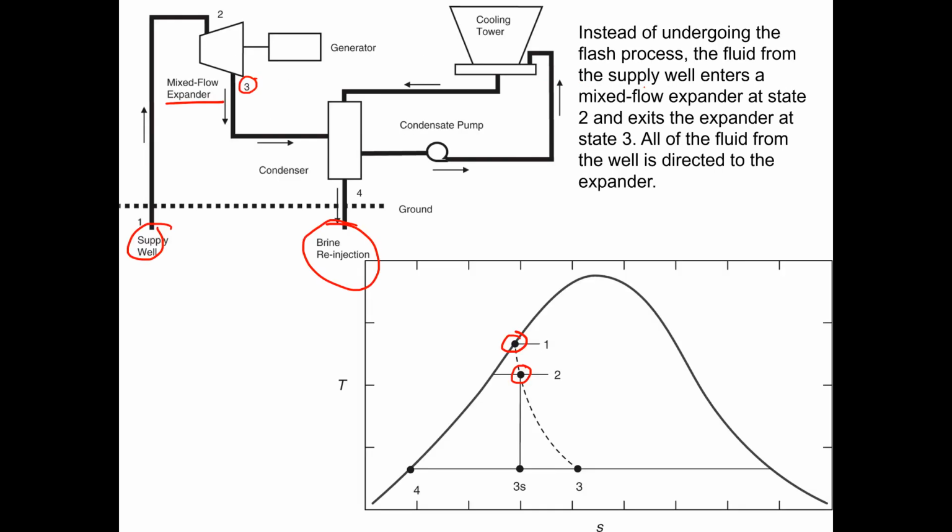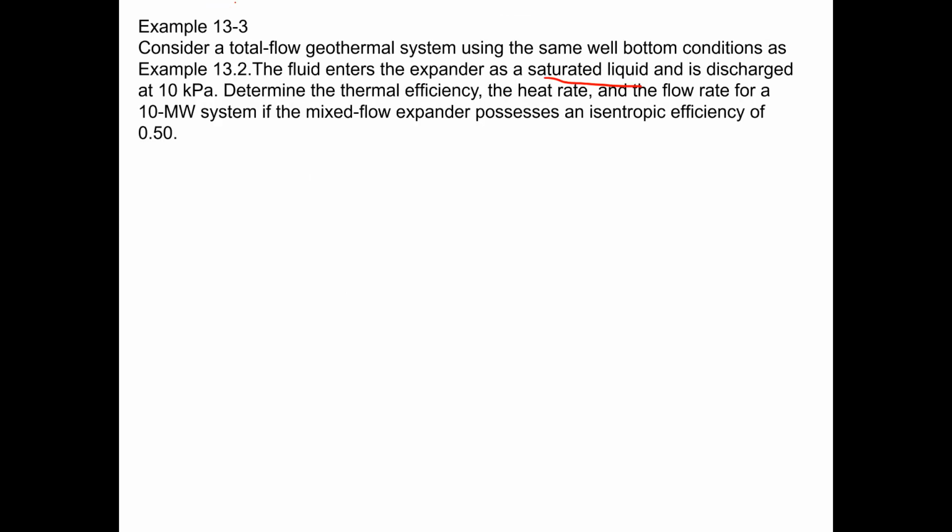So if we were to assume that when we hit state 2, just going into the mixed flow expander, the temperature is still 225 degrees, that would give us a saturation pressure, again for a quality of 0, of 2.55 megapascals.